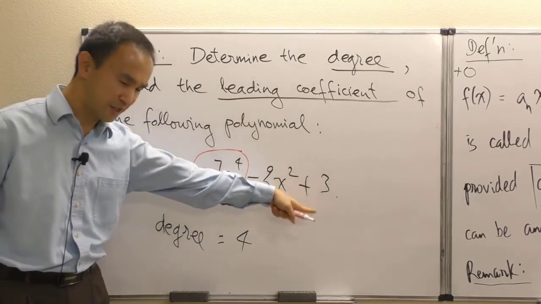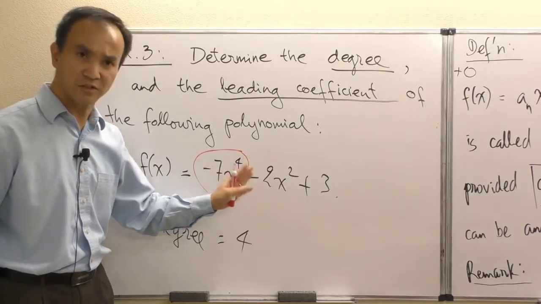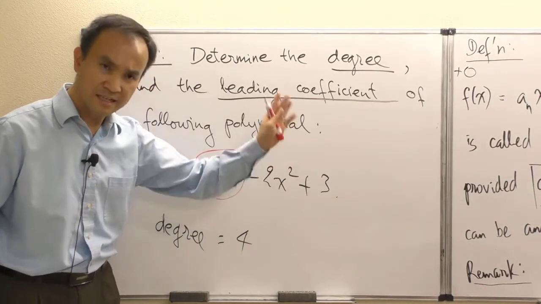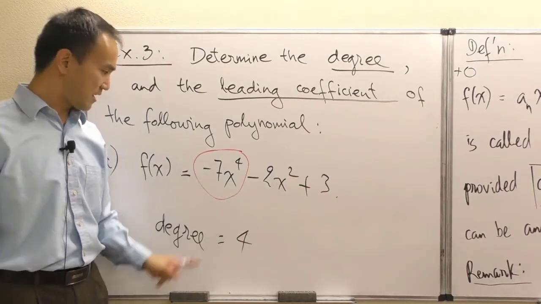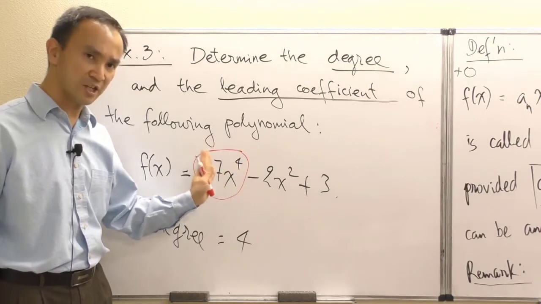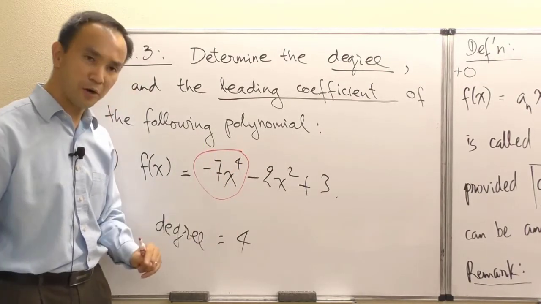We have a constant term, and some other terms. Power 3, it's 0 coefficient. Power 1, not written here, 0 coefficient. But this is the determination for the degree: power 4, the highest one ever recognized. So that's why the degree is 4.